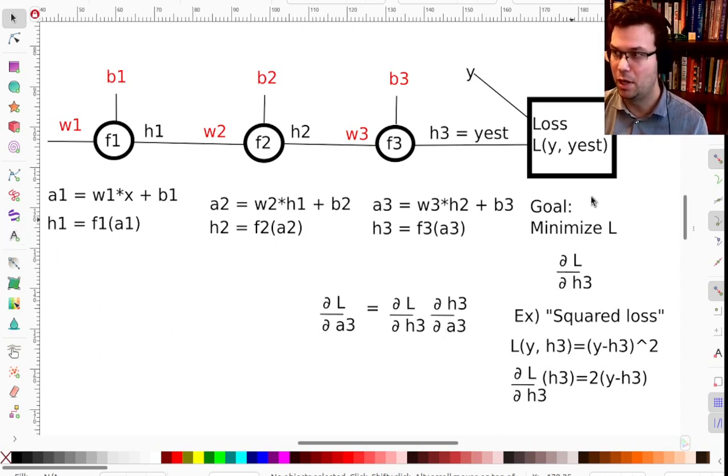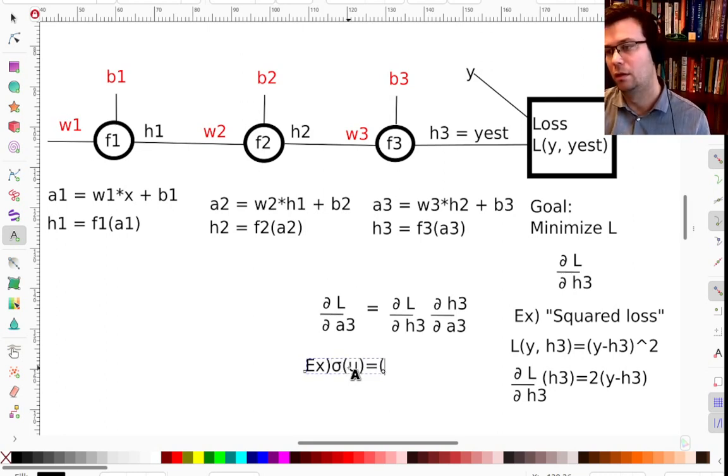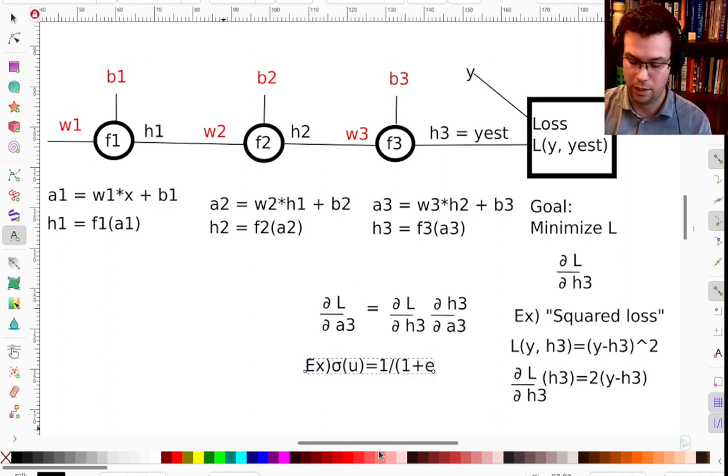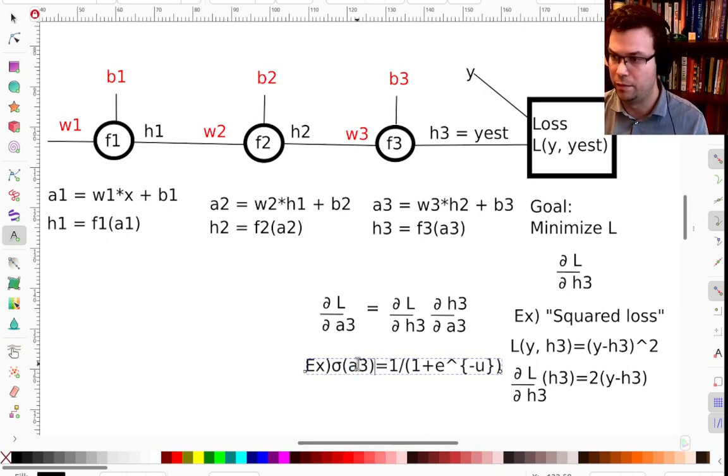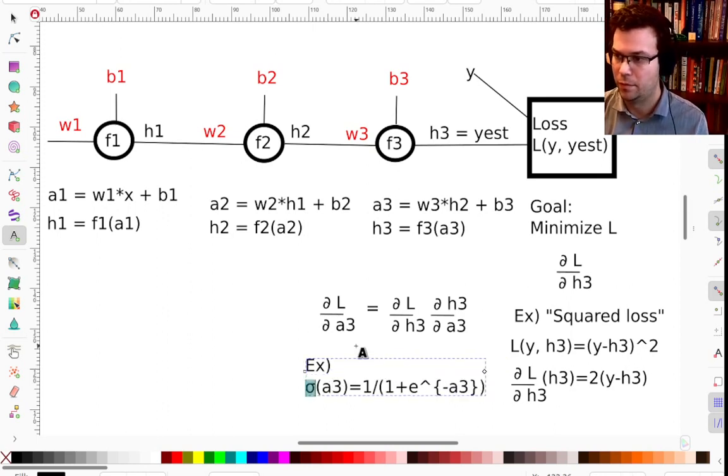And so as an example here, let's suppose that we had the logistic function. Just to remind us, the logistic function of u is 1 over the quantity 1 plus e to the negative u. And here we're going to do the logistic function of a3. So suppose that f3 of a3 is the logistic function of a3.